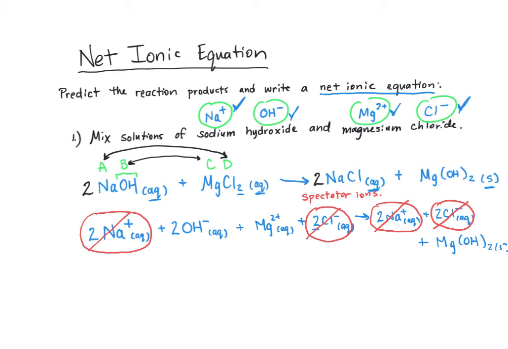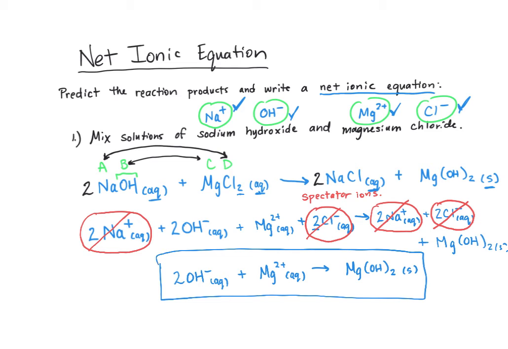In this reaction, anything that's left over is part of a net ionic equation that shows us precisely what and how a chemical change has occurred. Those reacting substances are 2 hydroxide anions and 1 magnesium cation, getting together to make the solid precipitate magnesium hydroxide, Mg(OH)2.